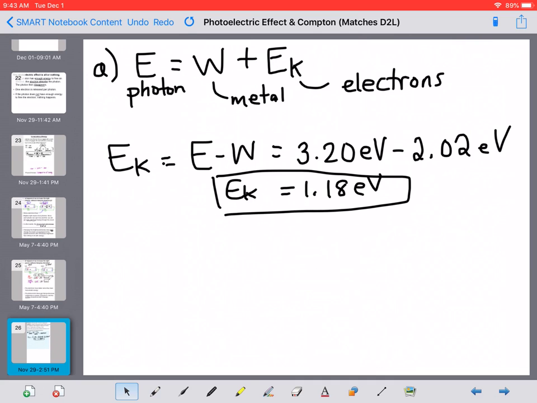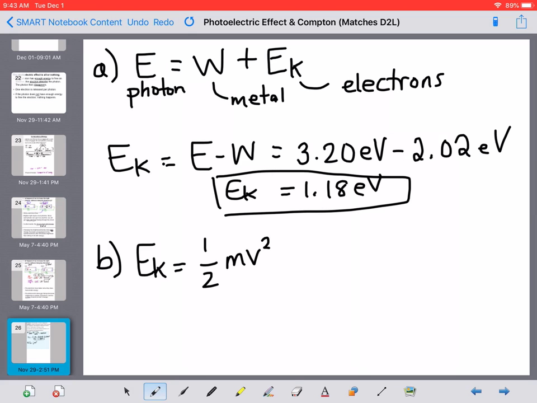For part B, where we're supposed to be finding the speed of the emitted electrons, we're going to use this formula: EK equals 1/2 mv squared. Whenever you're finding speed from kinetic energy, you always have to work in joules. So we're going to convert 1.18 electron volts to joules before we do anything else.